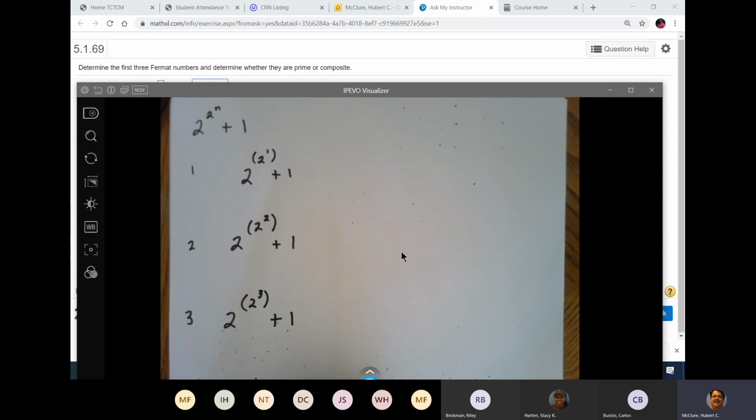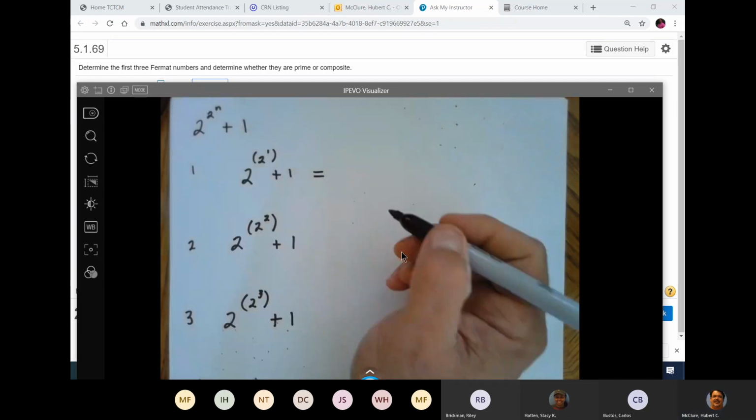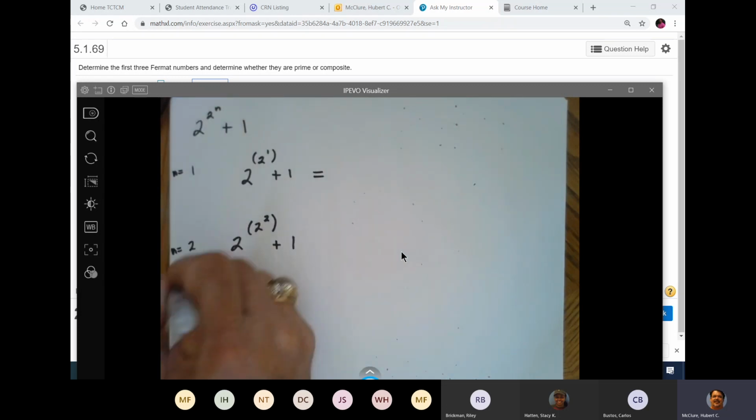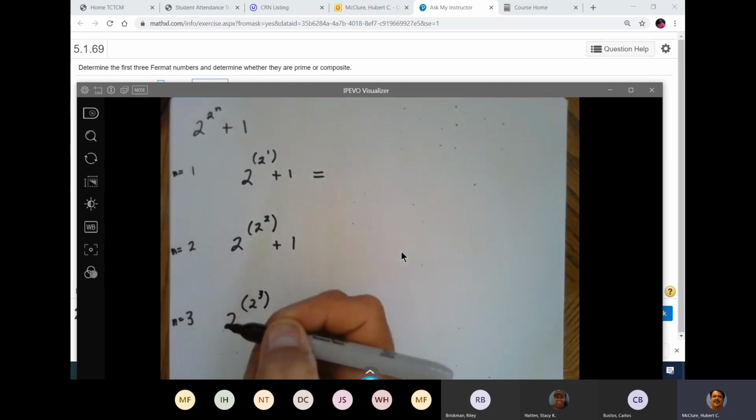Now you may need a calculator for the 3rd one because it's kind of a big number. So let's go to the first one. N is equal to 1, N is equal to 2, N is equal to 3.